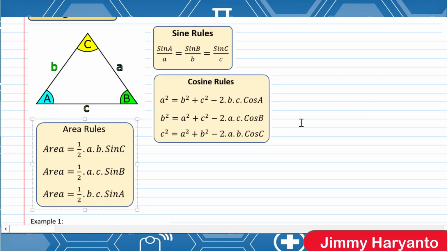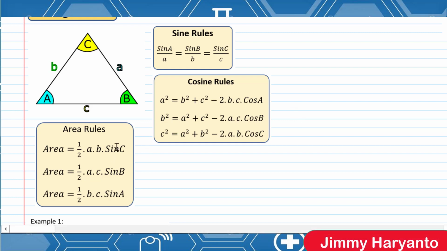Next is the area rule. Besides half times base times height, now we have a new formula for the area of triangles. You can use this formula if you have one angle in the triangle and you want to find the area.